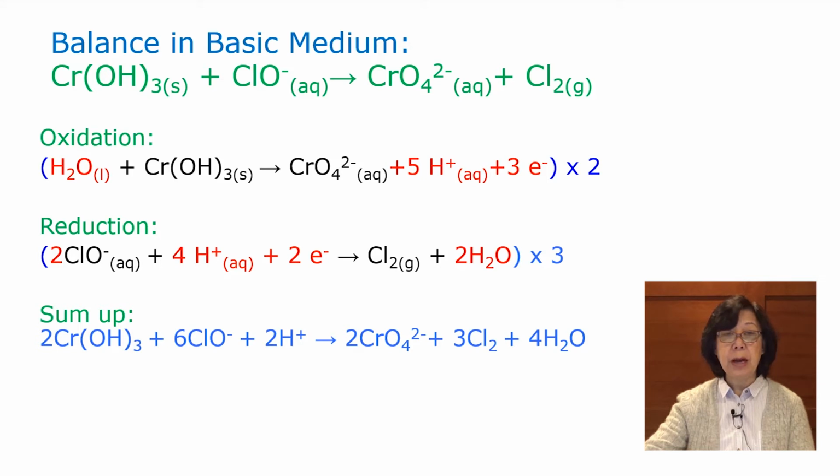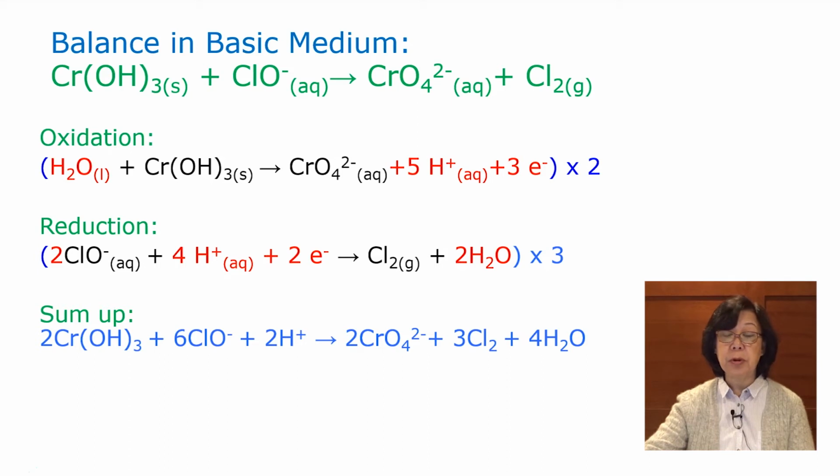However, we want it to happen in the basic medium. That means we need to neutralize the hydrogen ion on the reactant side. To do that, we add 2 moles of hydroxide ion. Now we add the 2 moles of hydroxide ion to both sides, to the left as well as to the right. On the reactant side, the left-hand side, the 2 moles of hydroxide ion neutralized by the 2 moles of H plus will form 2 moles of water.